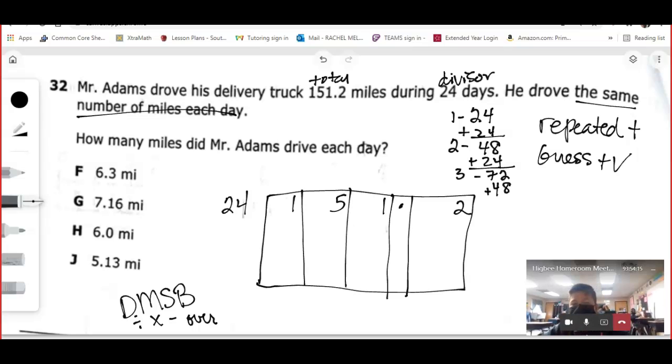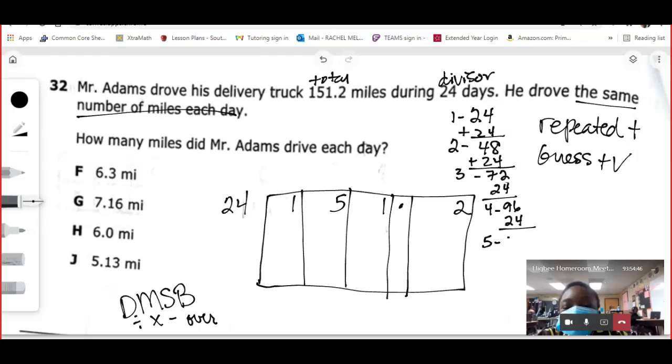Whoops. 24, not 48. 96. 110. No, I mean 1210. Wait, no. Well, this is 120.